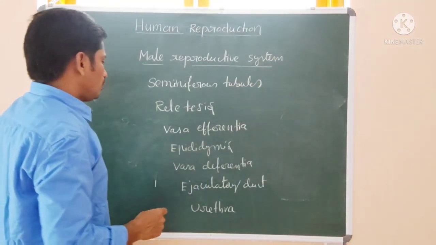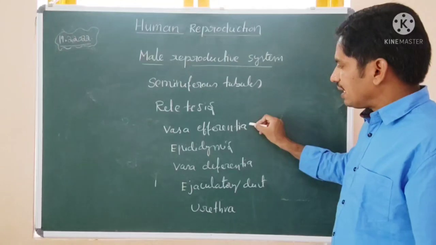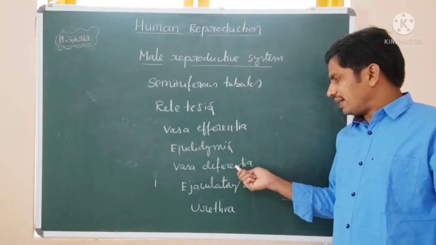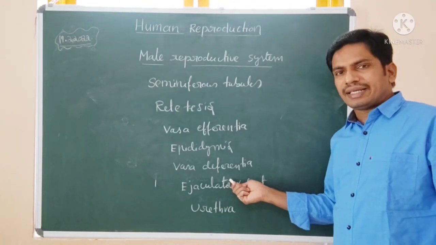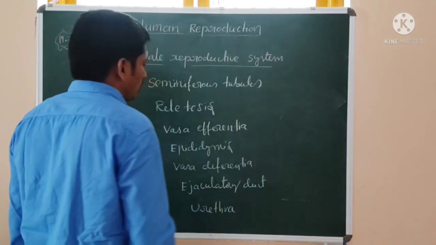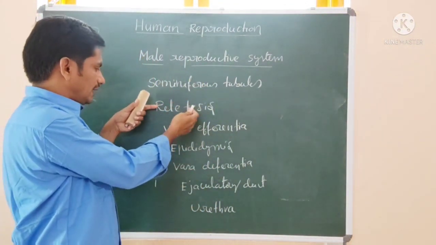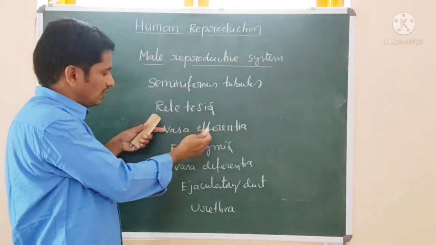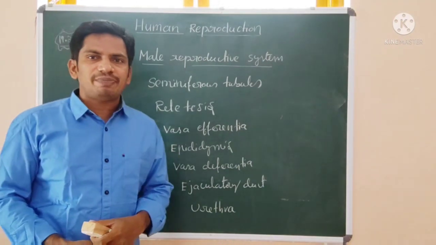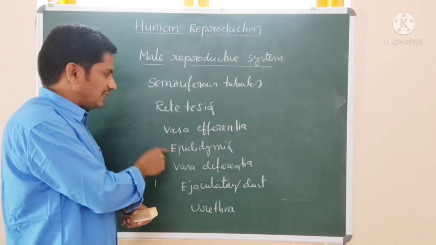Right? So from the rete testis onwards, you can say these are the accessory ducts: vasa efferentia, epididymis, vasa deferentia, ejaculatory duct, and urethra. So the sperm pathway you can also write this way: seminiferous tubule to rete testis to vasa efferentia to epididymis, like that.